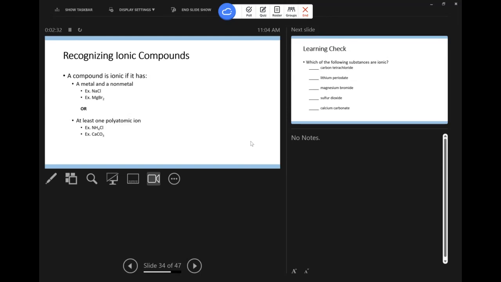It's also considered an ionic compound if we have at least one polyatomic ion. This first example is a good example of where we have all nonmetals, but NH4 on its own is a cation, and Cl minus is an anion. So this is an ionic compound between the NH4 polyatomic ion and the Cl minus. And then in this example here, we have a metal and a polyatomic ion, so we have an ionic compound.